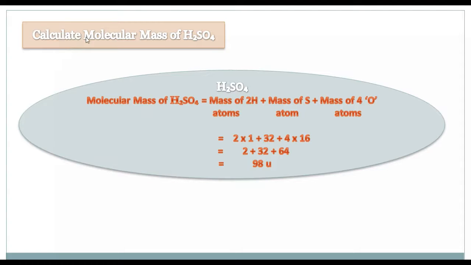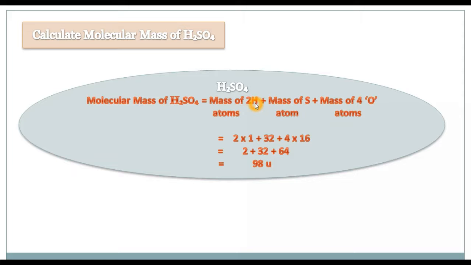Now let's calculate the molecular mass of sulfuric acid, hydrogen sulfate, H2SO4. Again, the molecular mass is equal to the sum of atomic masses of the elements. Which elements are present in sulfuric acid? Hydrogen, sulfur and oxygen. So we have to sum their atomic masses: the mass of 2 atoms of hydrogen, the mass of 1 sulfur atom, and the mass of 4 oxygen atoms.